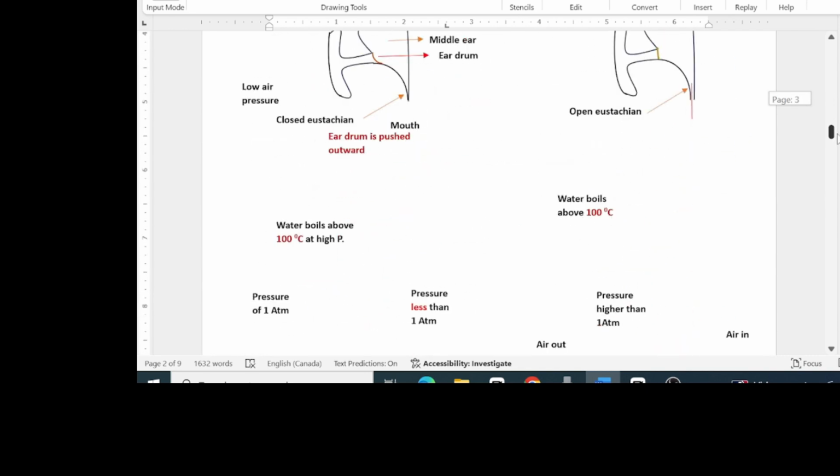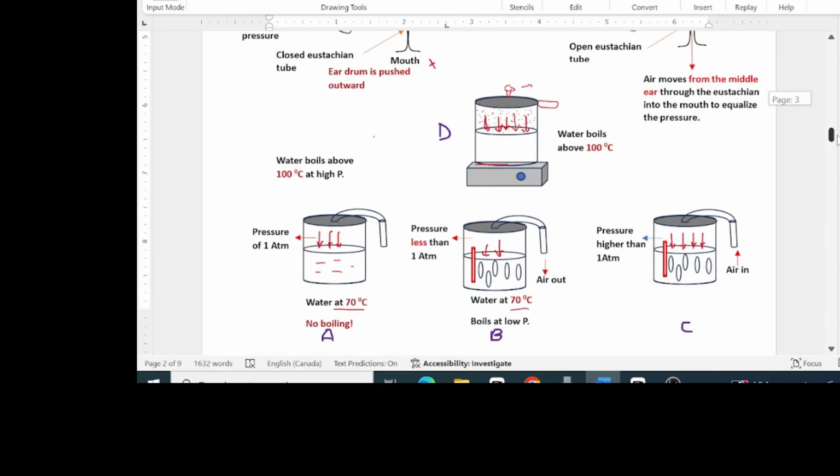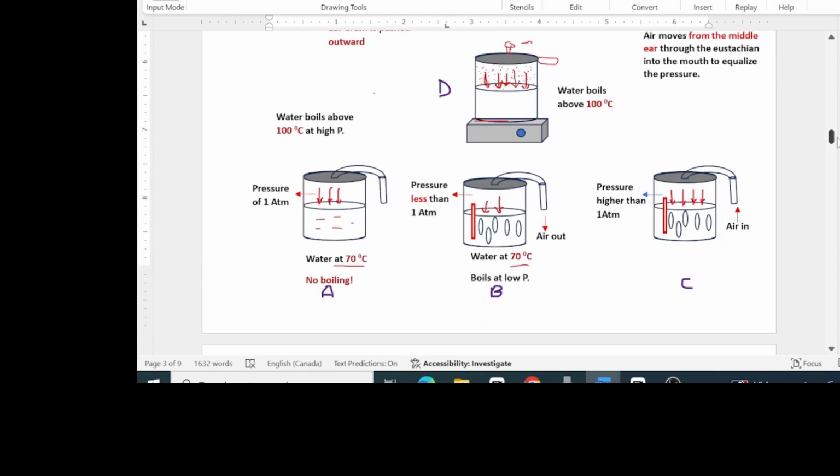We want to use these figures here to explain to you why pressure cookers are indispensable to people living in mountainous areas. So this figure A is showing you here that this water, which is maintained at 70 degrees Celsius and is having a pressure of 1 atmosphere, is not boiling. Water will only boil at 100 degrees Celsius when the pressure above its surface is 1 atmosphere.